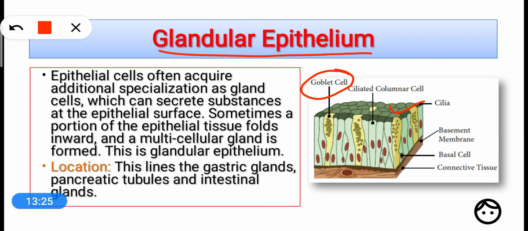So in our stomach and in our intestine, columnar epithelium is found, but between the columnar cells there are many goblet cells which are actually glandular epithelial cells. These goblet cells release mucus, right? In the same way, there are many glands also. For example, in the stomach there are glands known as gastric glands. There is the pancreas, which has pancreatic tubules which act as glands, and there are intestinal glands also. All of these are made up of glandular epithelium.